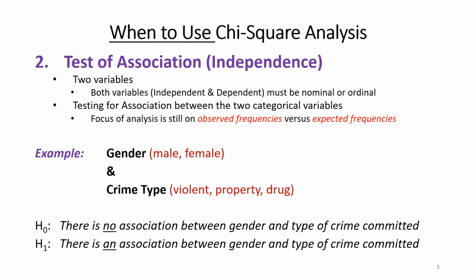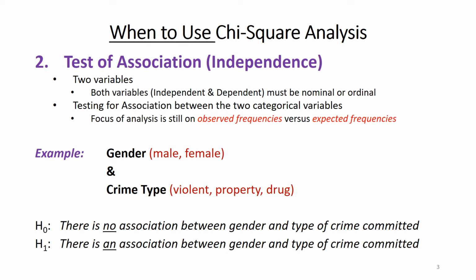When you're working with chi-square analysis, no matter what type of chi-square analysis, you do not use continuous variables. You only work with categorical variables. So real quick recap, test of association examines the association between two variables where both the independent variable and the dependent variable must be categorical.